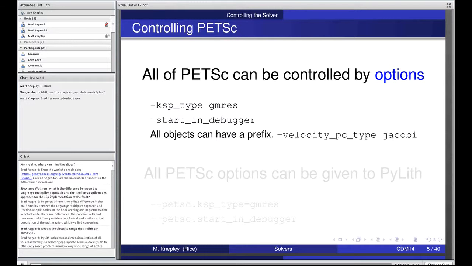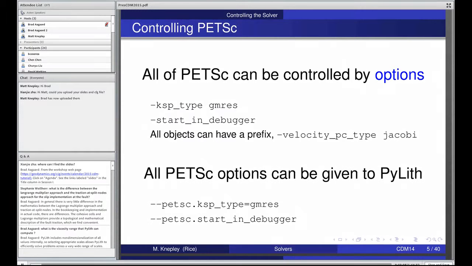So I can set the type of linear solver or the type of preconditioner, and I'll try to explain what those are. And in PyLith, these are just specified as PyLith type options with the prefix petsc. So I think this is our plan for handling all subpackages in PyLith, is that you'll preface the option by the package name when you need to get directly to it.